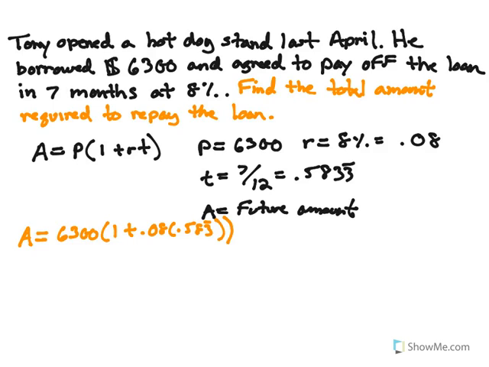So when we do the arithmetic, the 0.08 times 0.583 needs to be multiplied. So we're going to take that value and multiply it by 0.08. And you add 1 to that, and you'll get 1.04666, and that kind of repeats.